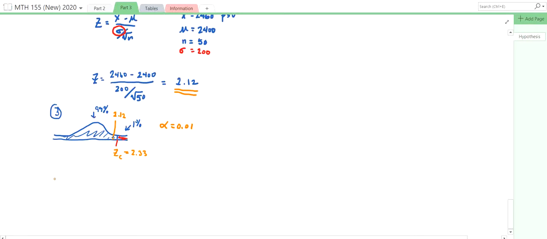So therefore, since, let me write it down. Let's reverse back so I don't mess up my chart here.